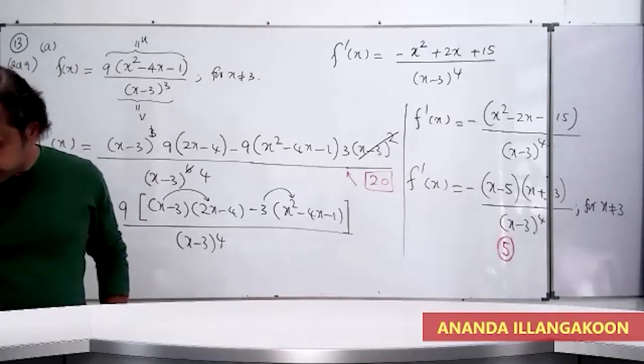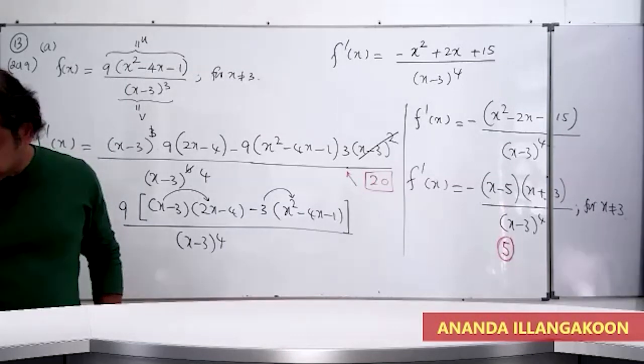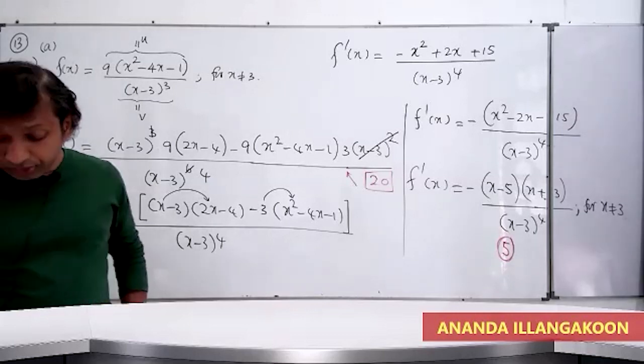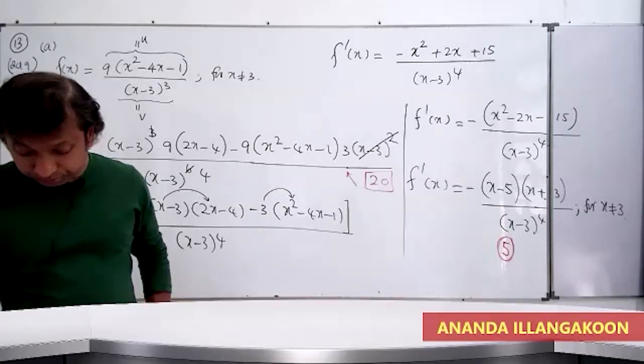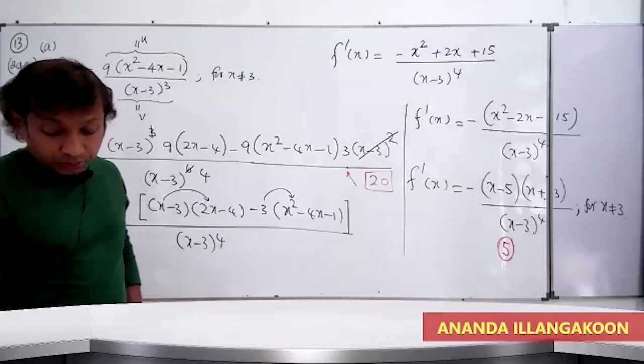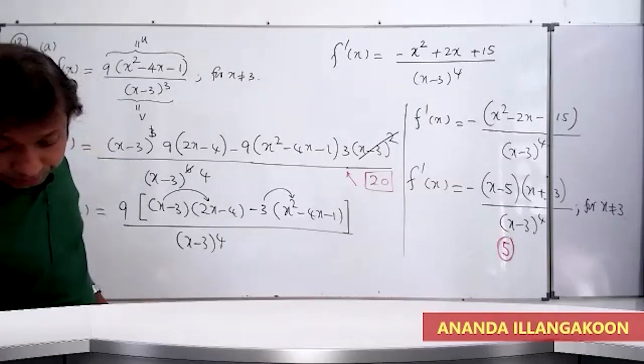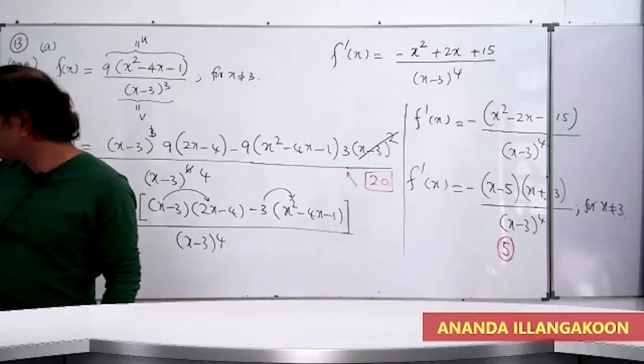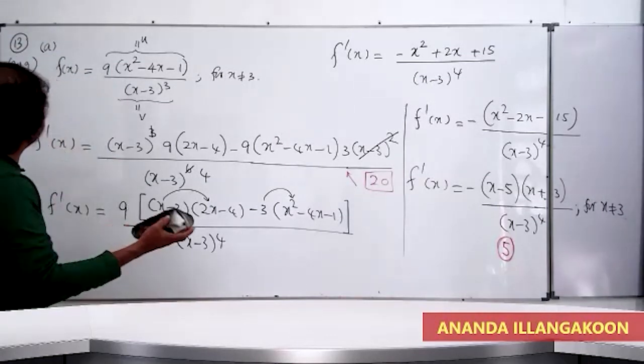Points of inflection. Okay. Right, now you know the method. f dash x is okay now.